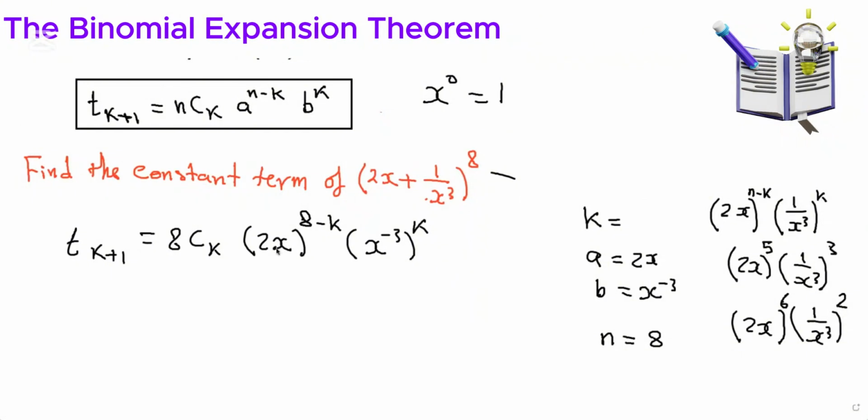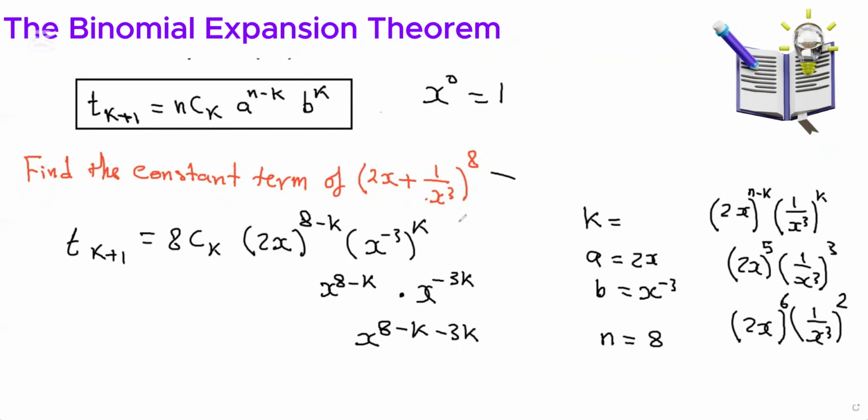So now I know, because this x here has no exponent, we could just ignore the 2 there, because we're interested in getting a 0 exponent on the x. So here we'll have x to the power of 8 minus k, and this will be x to the power of negative 3k. When you multiply these, you get x to the power of 8 minus k, and you add that negative 3k as well.